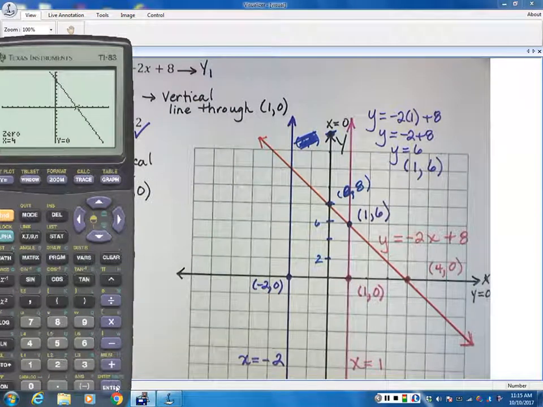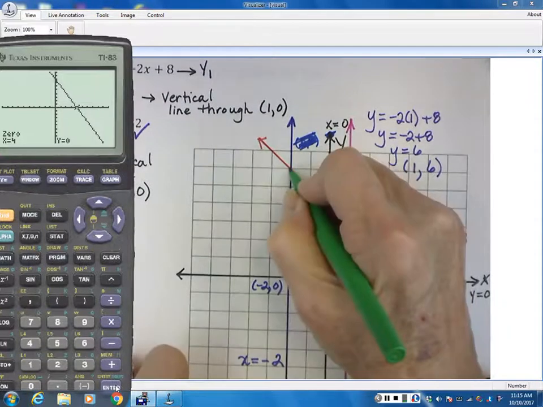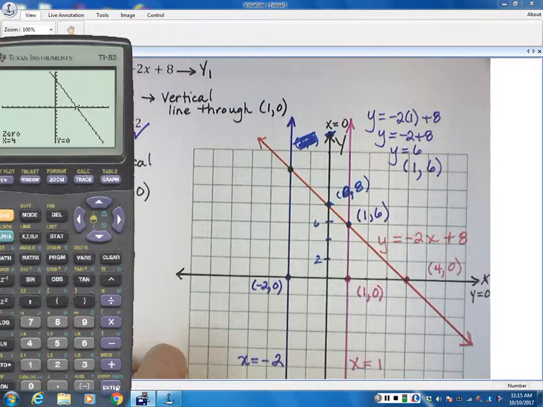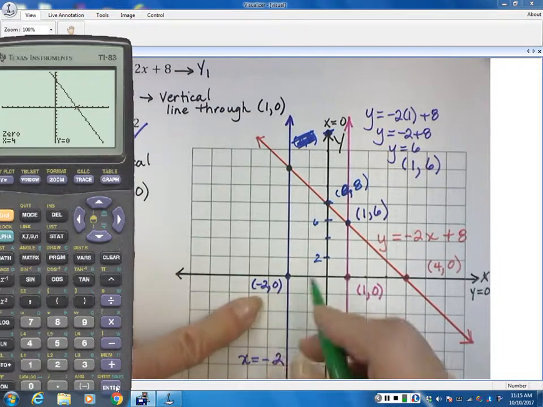And then we can do the same thing with the other intersection point. We know that that's where x is equal to negative 2.